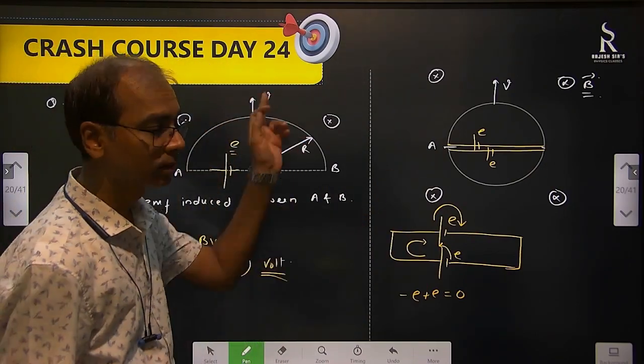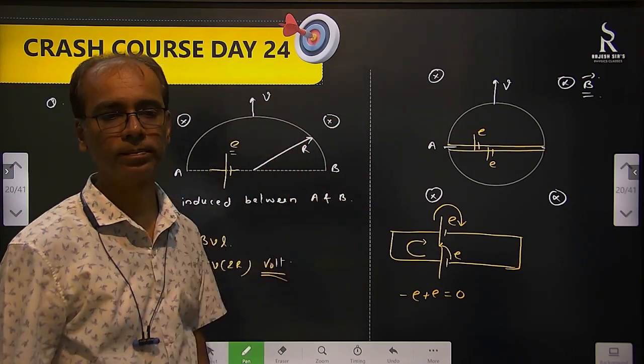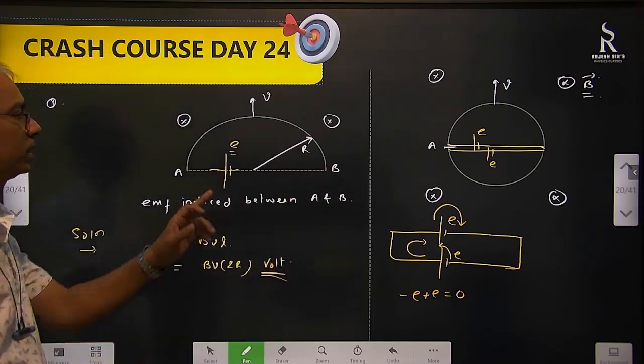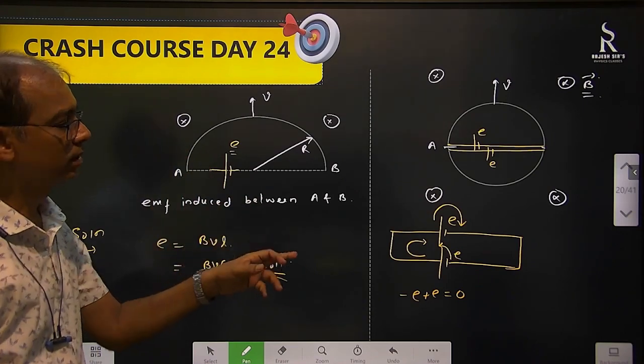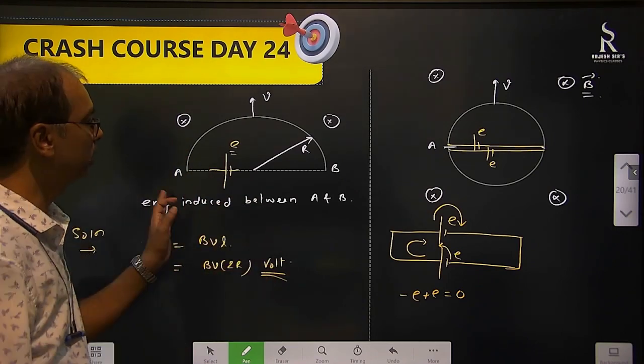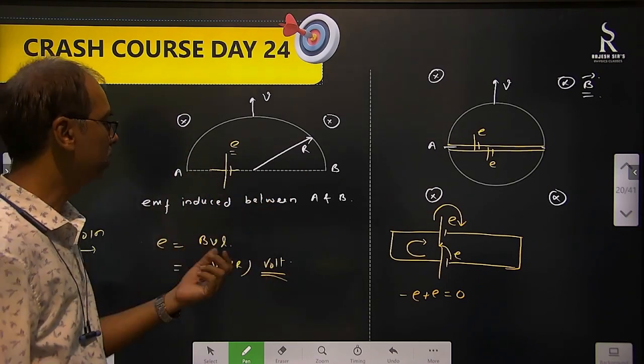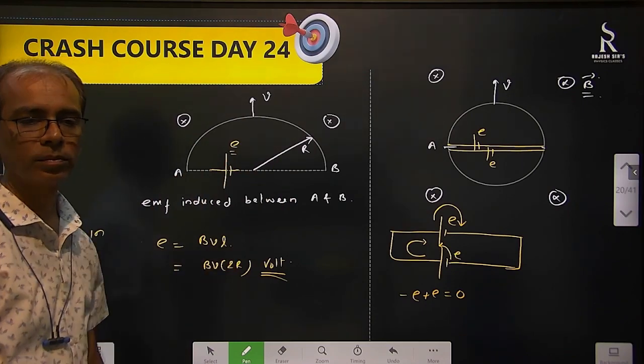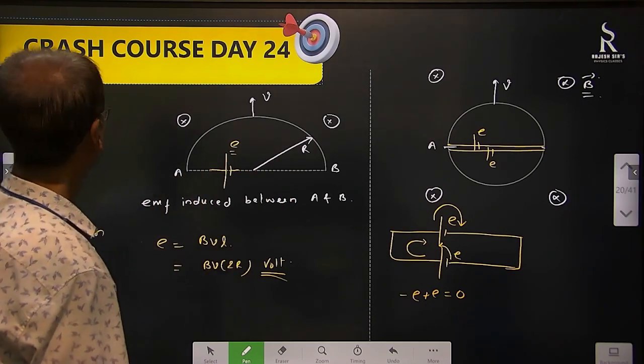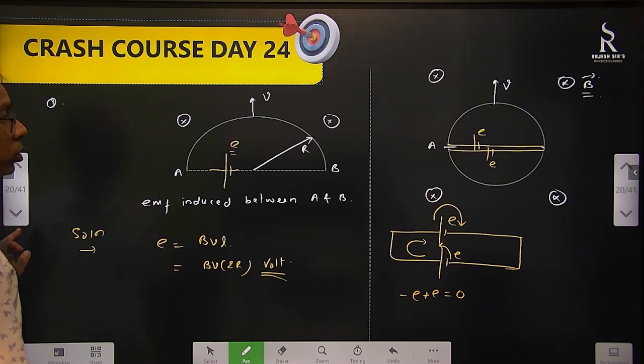From where to where is it going? The net displacement there is 0, so we have written EMF induced is 0. Whereas here, the displacement is from A to B, so we are able to write it. Clear? This is motional EMF.